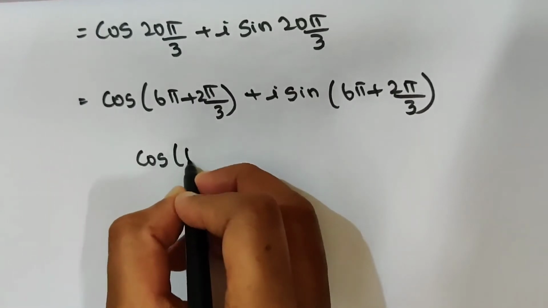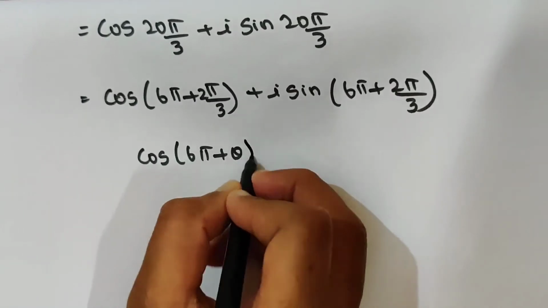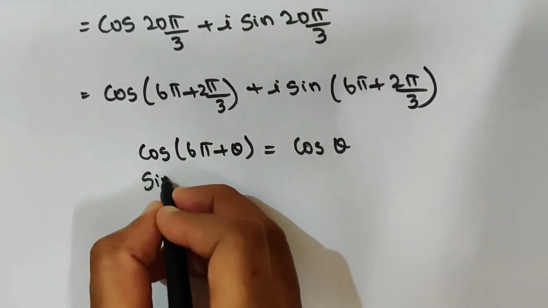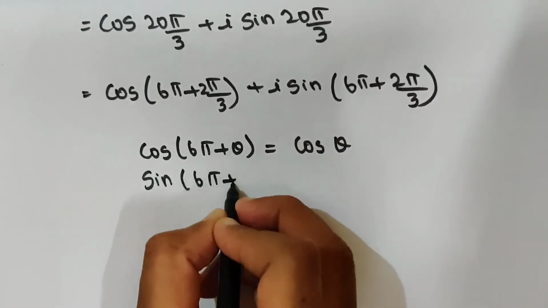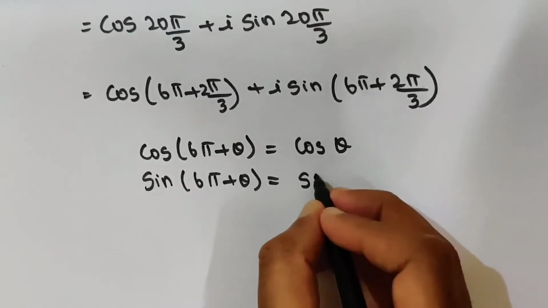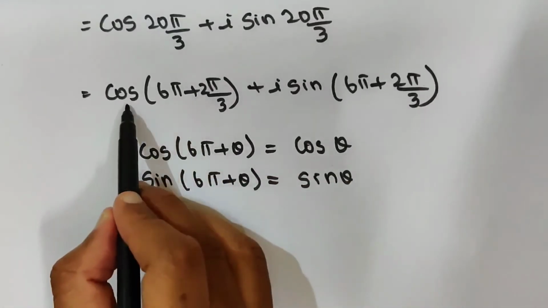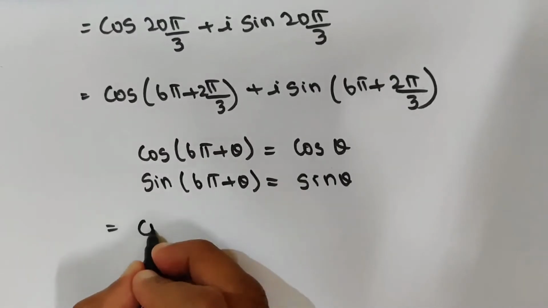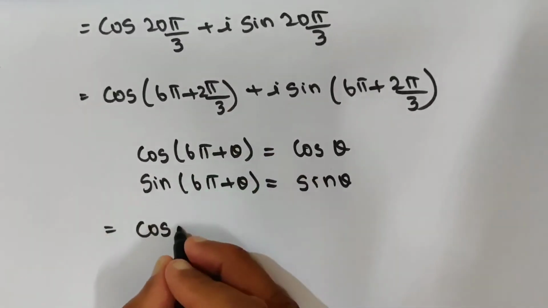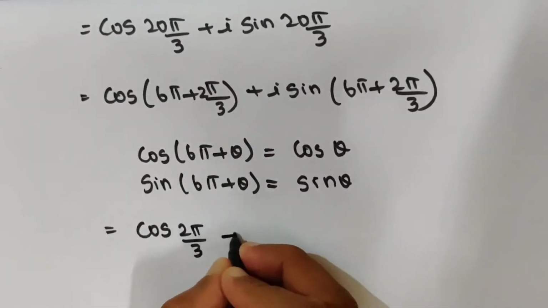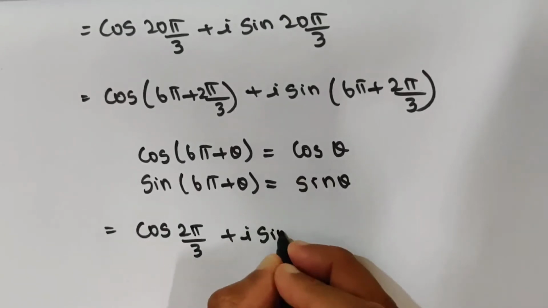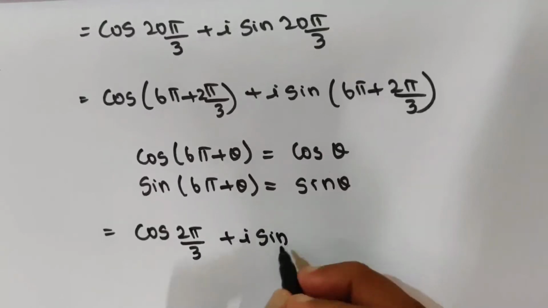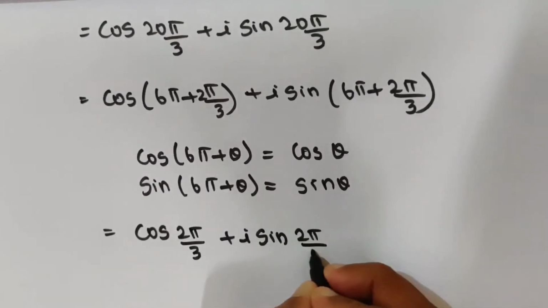Cos of 6 pi plus theta is equal to cos theta. Sin of 6 pi plus theta is equal to sin theta. So I can write cos of 6 pi plus theta as cos theta, that is 2 pi by 3, plus i sin of 6 pi plus theta written as sin theta, that is 2 pi by 3.